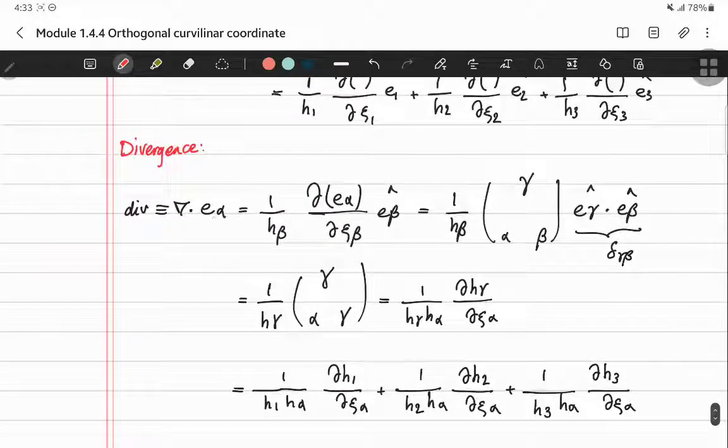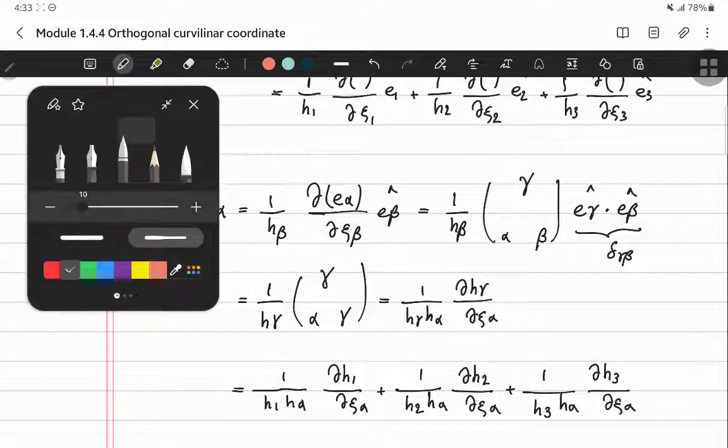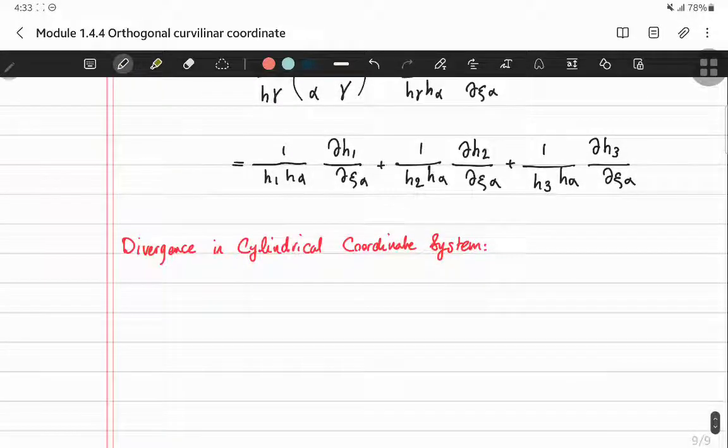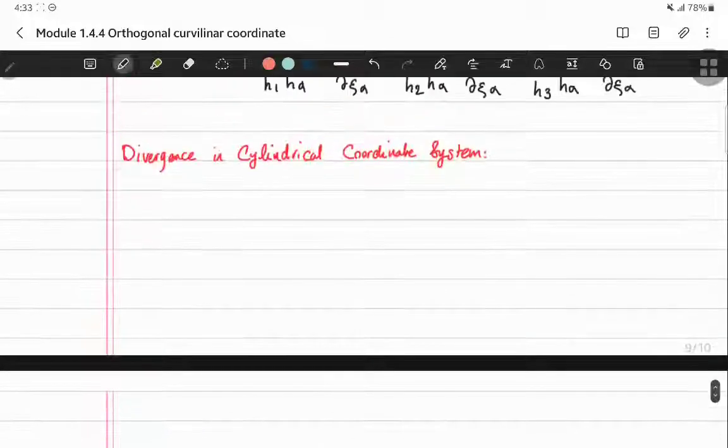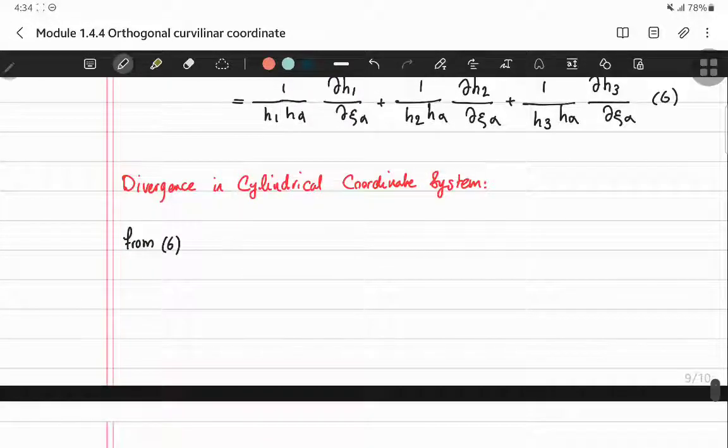And remember this is E alpha, so it's not a vector. Sorry, it is a vector, but it's just a unit vector. So from here, let's call this 6. So we continue from 6.